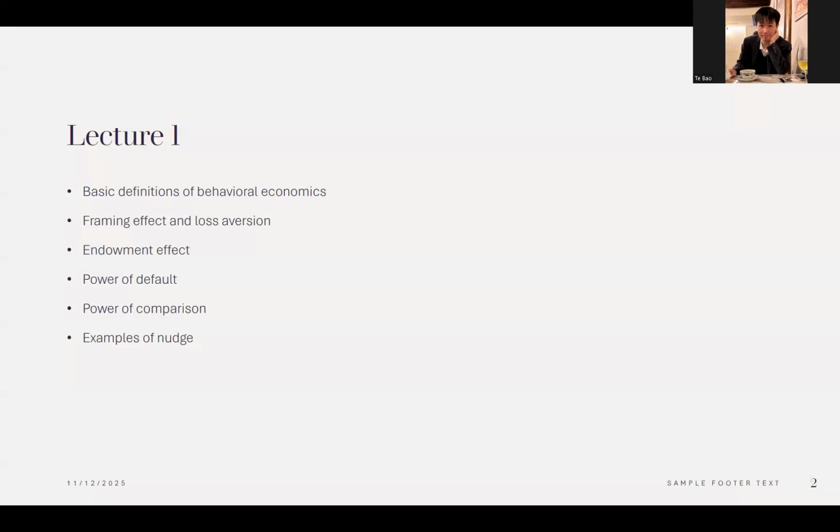Then we spent quite some time discussing a very interesting phenomenon that exists in both economics and psychology, the framing effect. Framing effect basically means that the framing of a problem influences people's decisions.